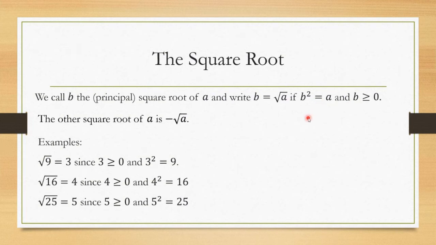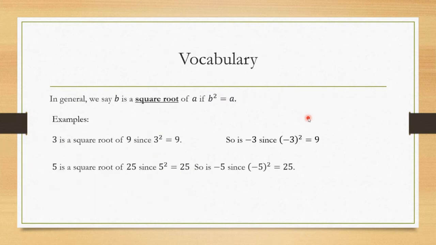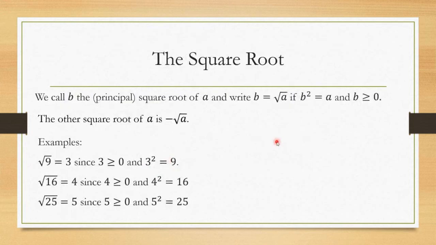That's what this is about. So it's the non-negative square root of a. If you went back to these square roots, we had 3 as a non-negative square root of 9, but there was a negative one also, negative 3. So the non-negative one here would be the square root of 9. Likewise for 25, 5 would be the square root of 25 because it's the non-negative square root. I didn't use that notation here, but I could.